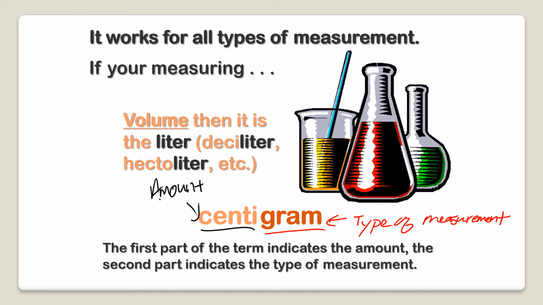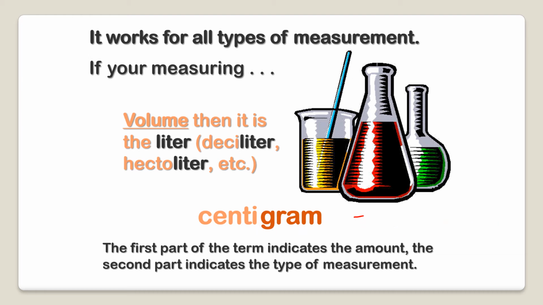Very simple. The type of measurement is going to tell us what we're measuring, if it's length, volume, or mass. The amount is going to tell us how much we relatively have. So it's a really simple system. Once you practice with it, it's very simple.